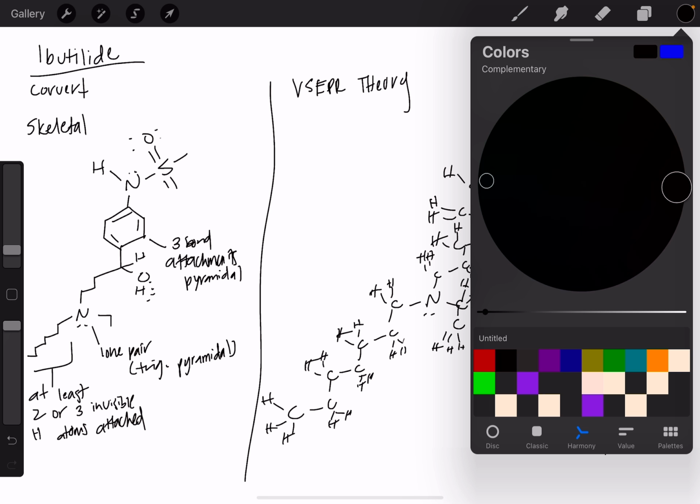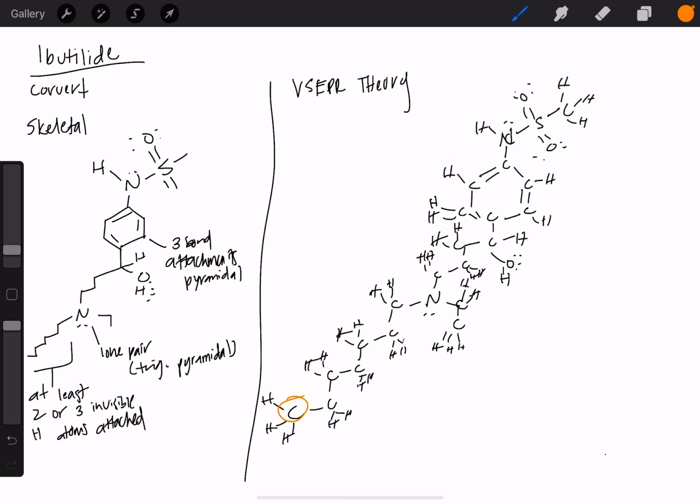So over here, these are all going to be tetrahedral.